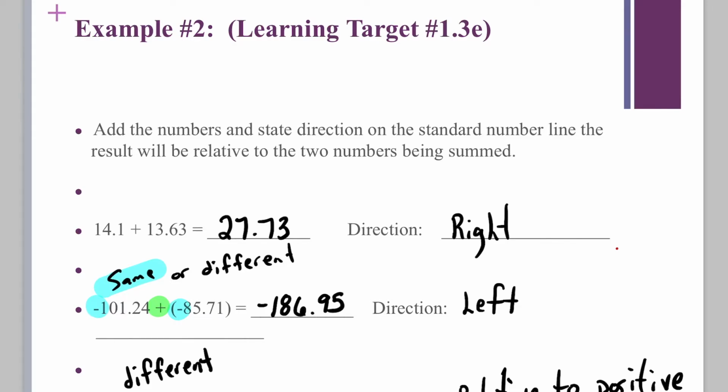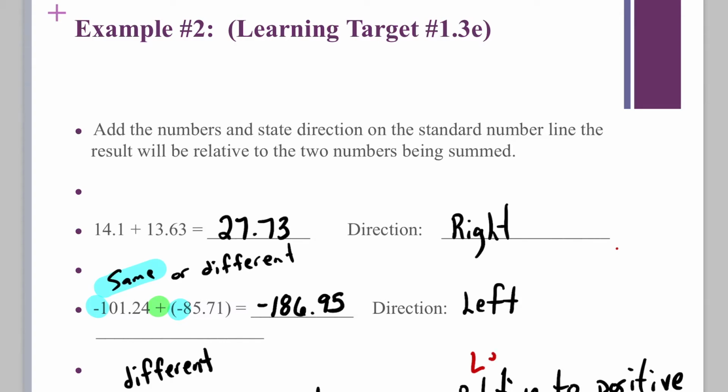The result of 32.31 plus a negative 57.12 is equal to negative 24.81, which on the standard number line would be between the two. We'll estimate there. Relative to the positive number, we have moved to the left.